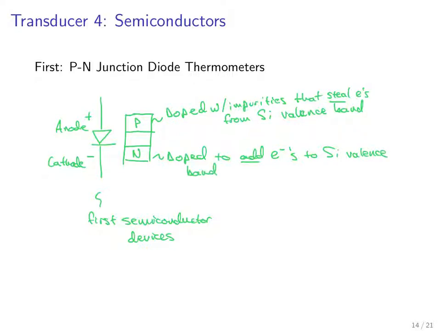And when we bring these two materials together, we get in the middle here what's called a depletion region, which is like an insulator region with an electrical field across it, a built-in electric field across it. And there are no charge carriers.